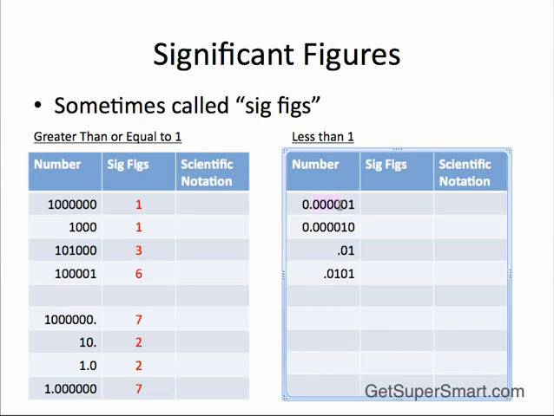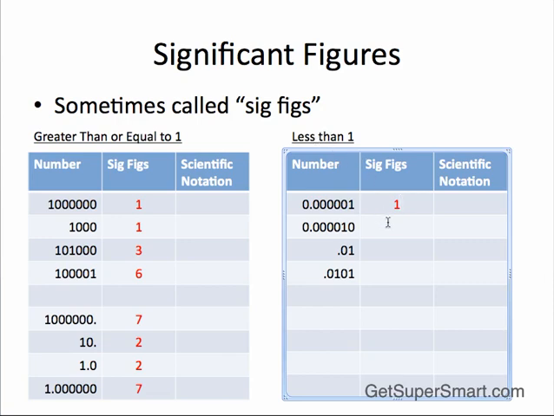All of these zeros aren't going to count. Here's our first non-zero digit, and it's a 1, so we only have one significant figure. This works almost exactly the same way as it did over here, except that now we're counting to the right of the decimal, and the only reason we're doing this is because we're less than 1. So keep that in mind.